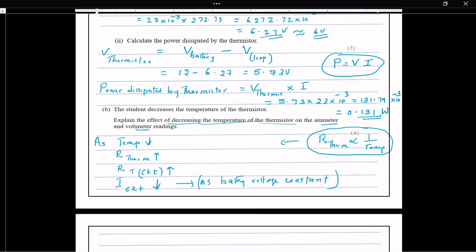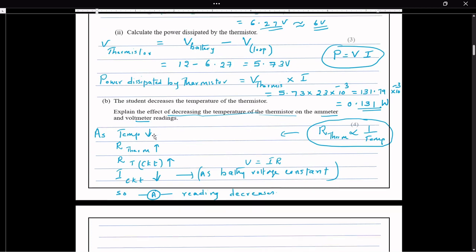Ohm's law means V is equal to I times R. So the circuit current decreases, which means the ammeter reading is decreasing. So let us write the conclusion. Please make sure you write the correct words. The ammeter reading decreases.